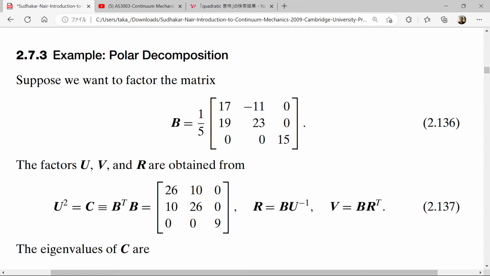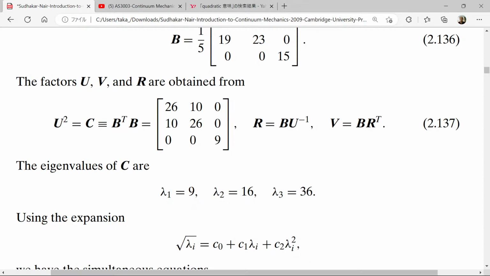R is B U inverse, V equals B R transpose. The eigenvalues of C are 9, 16, 36.